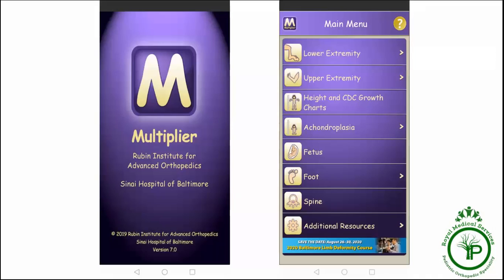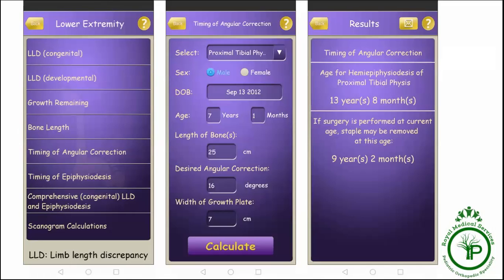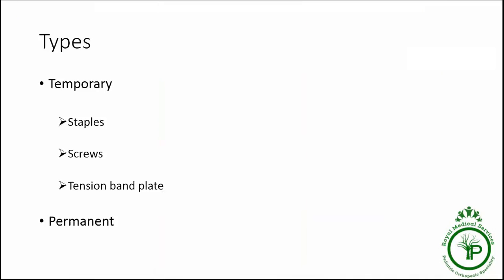There's also an application that can help. You plot the data and it gives you the remaining potential for your patient. And this is one example. It gives you suggestions if it is temporary or permanent.